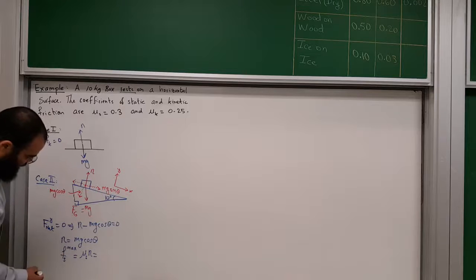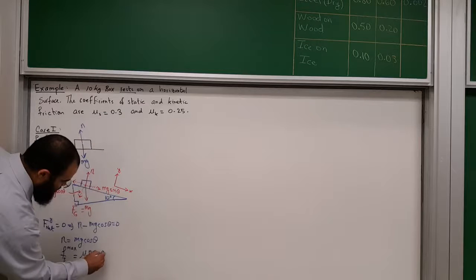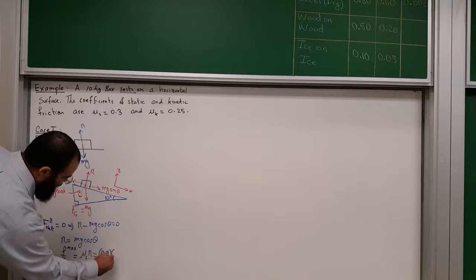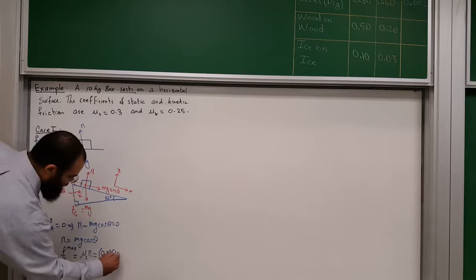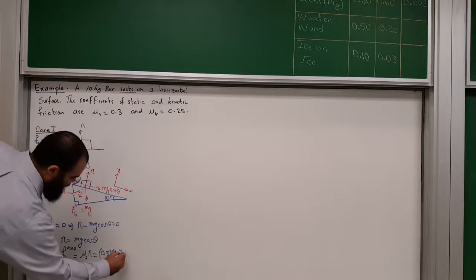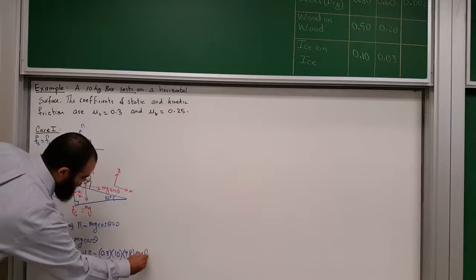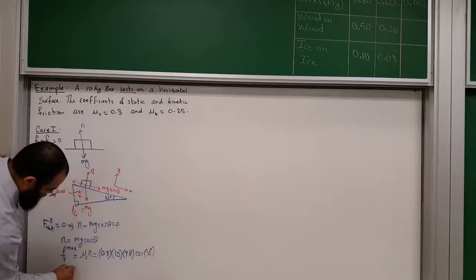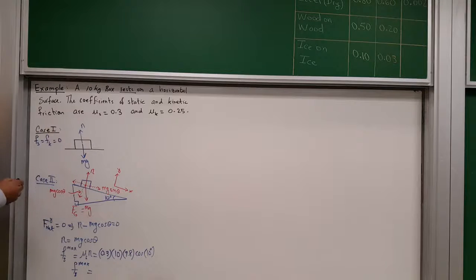So let's see what the force of static friction will be. Mu s, we said 0.3. And then the mass, how many kilograms was it again? A 10 kilogram box, 10 kilograms. Mg cosine theta. Gravity is 9.8, times the cosine of 10 degrees. And so we get the maximum static friction for this 10 degree angle.